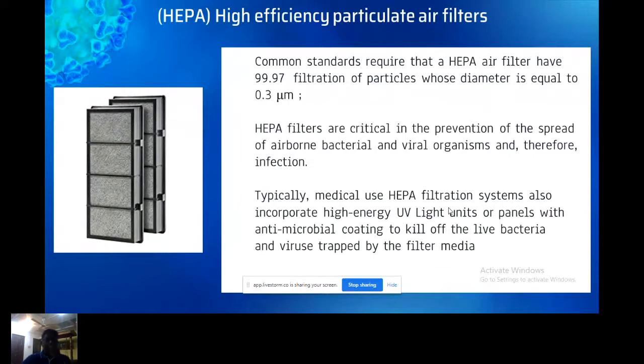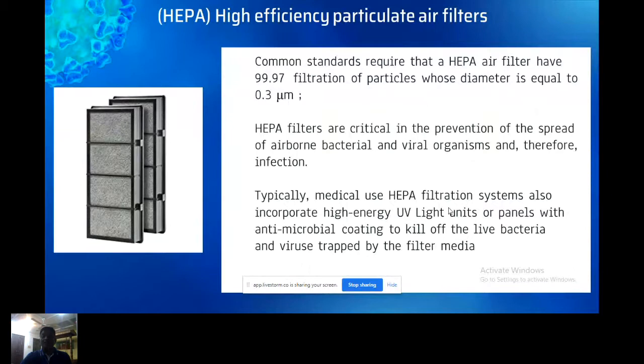We'll talk about this; everybody should know a little bit about it. The common standard requires that the HEPA air filter have 99.97% filtration of particles whose diameter is equivalent to 0.3 micrometers. So HEPA filters are critical in preventing the spread of airborne bacterial and viral organisms, and therefore are very effective in preventing the transmission of the COVID-19 virus also.